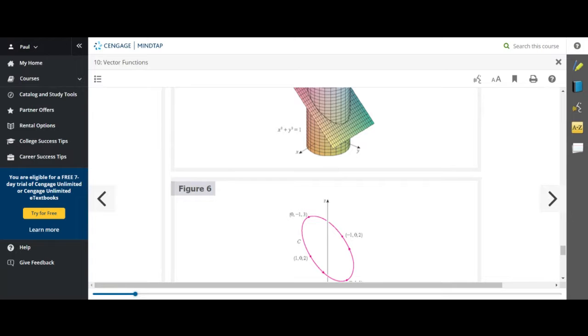If you had to describe the x and y coordinates for all the points on that red space curve, look, they have some coordinates there. What's true about x squared and y squared for each of those points on the space curve?